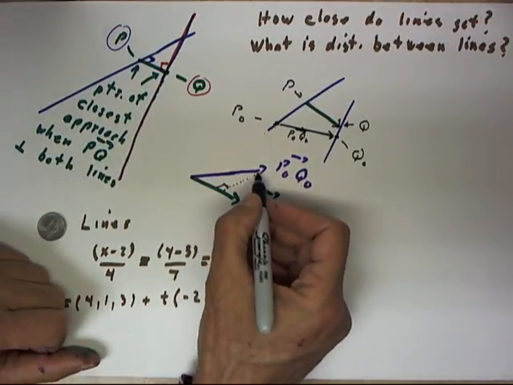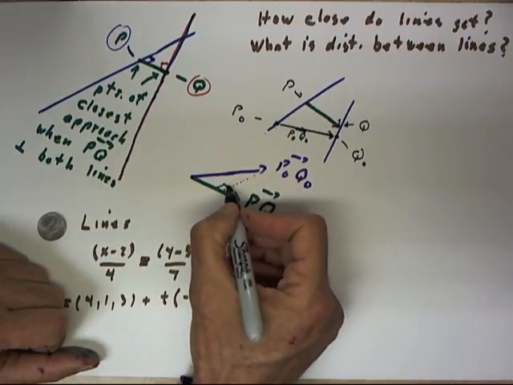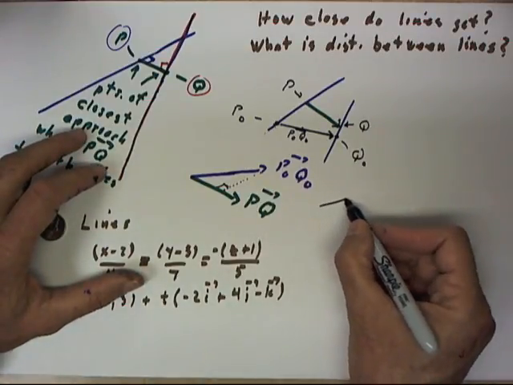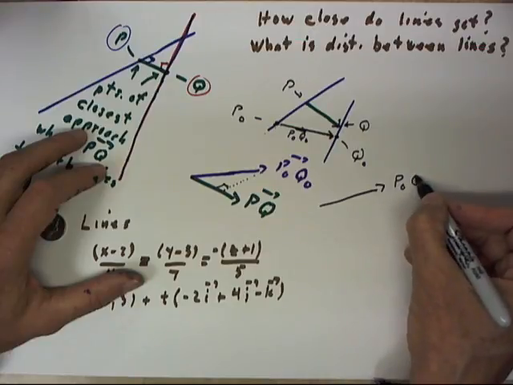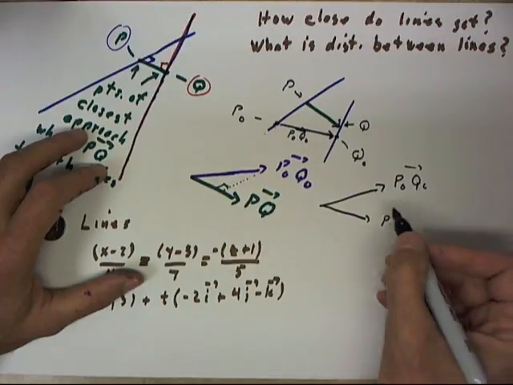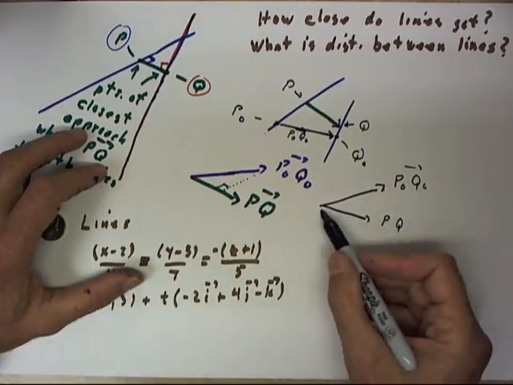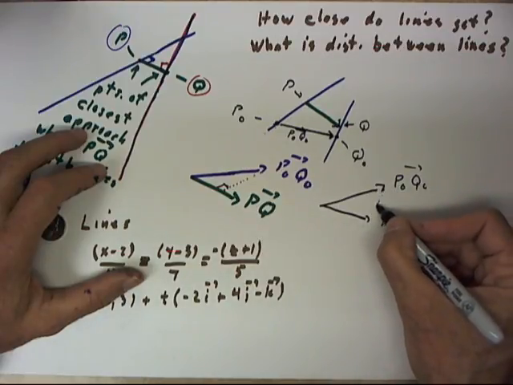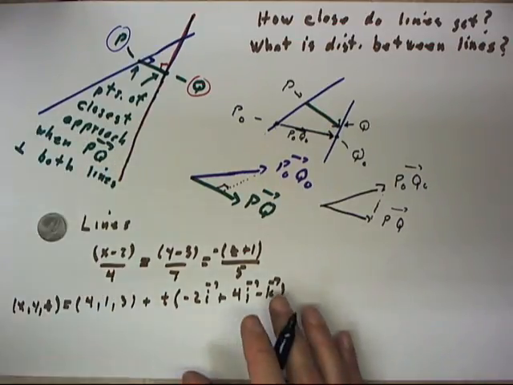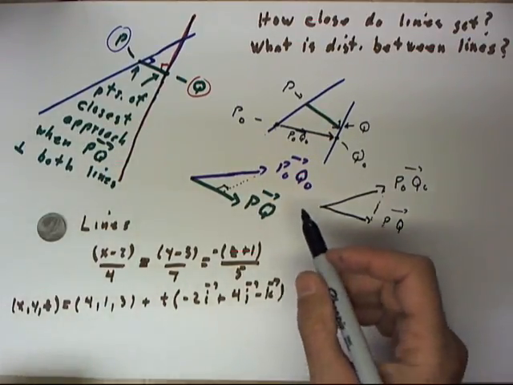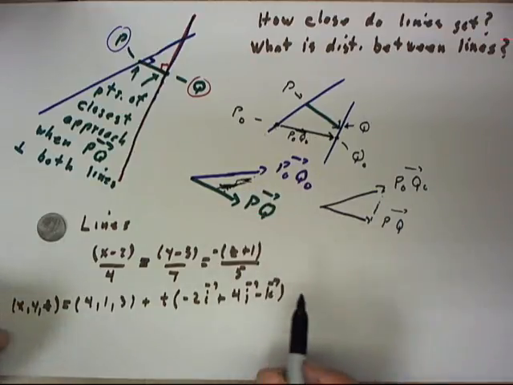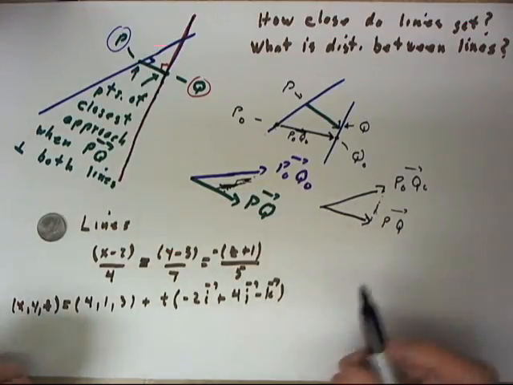Now, I've mindlessly sketched a projection line that comes down here and doesn't come to the end of PQ, and really this picture should look like this. Here's P naught, Q naught. Here's PQ. And if we're in the plane defined by these two vectors, PQ is the projection of P naught Q naught onto itself. In any case, we're going to blot out that projection and emphasize this projection.